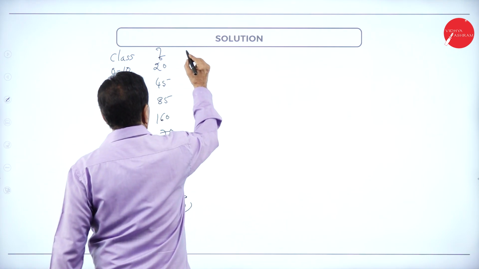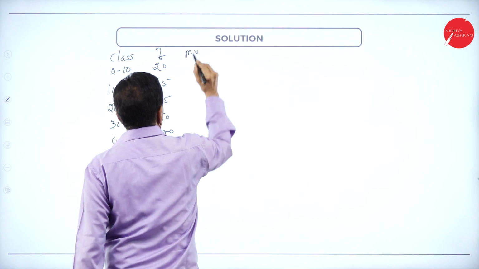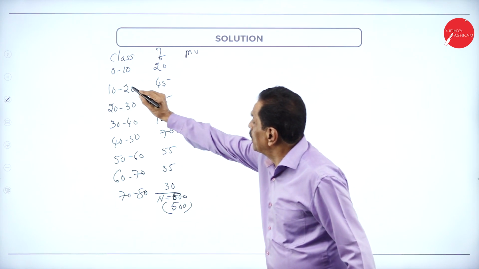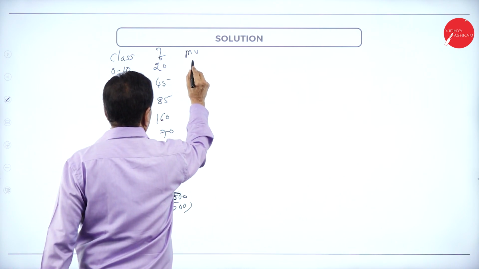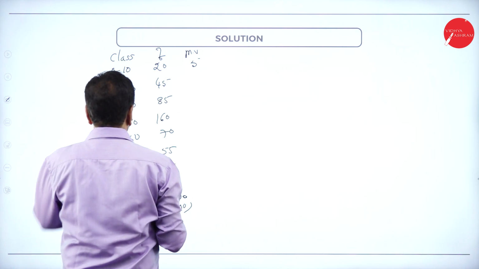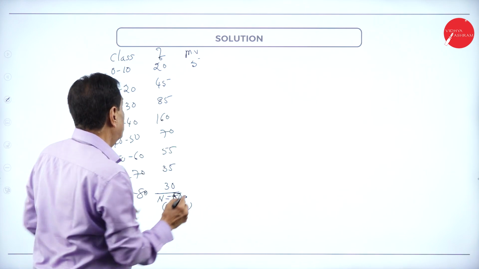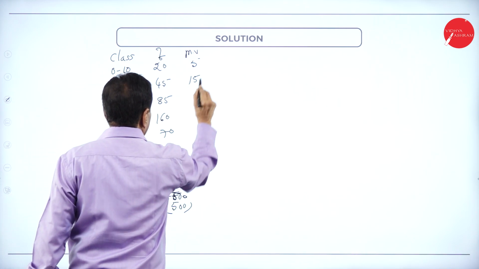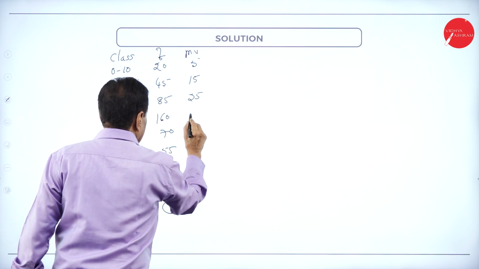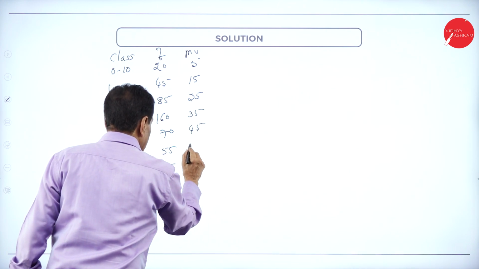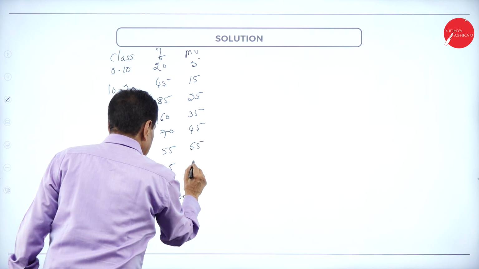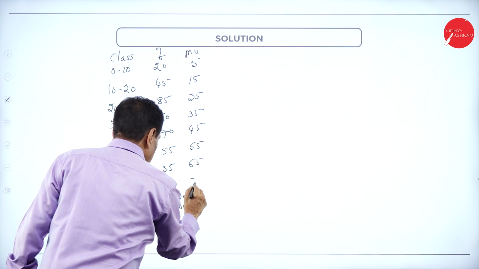Then mid value. Mid value means L1 plus L2 divided by 2. This is 10 divided by 2 is 5. 20 plus 10 is 30 divided by 2 is 15. Then 25, 35, 45, 55, 65, 75.